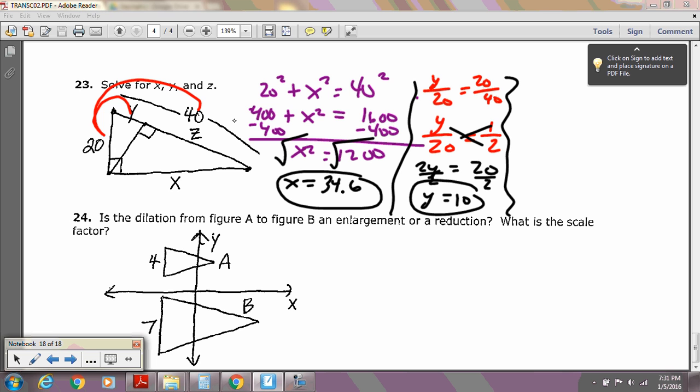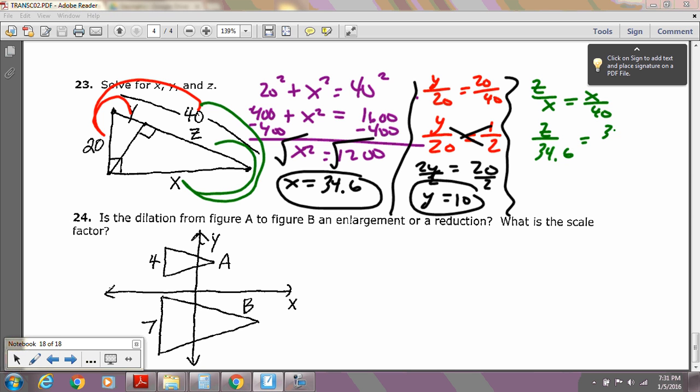Now, to find z, I would have to use the other part of the mustache, but I'm also going to need x, because I have to go from z around the corner to x and back from x to 40. So from z to x, from x to 40. And that would be z over 34.6 is equal to 34.6 over 40.